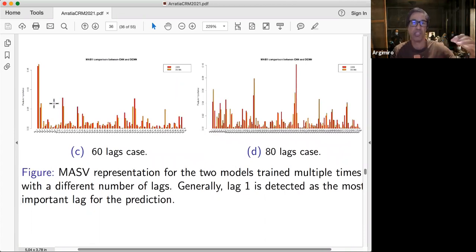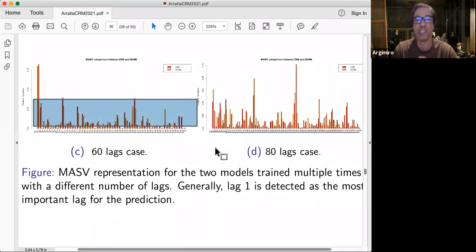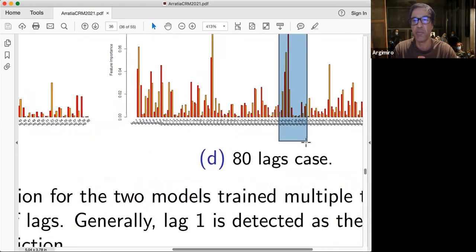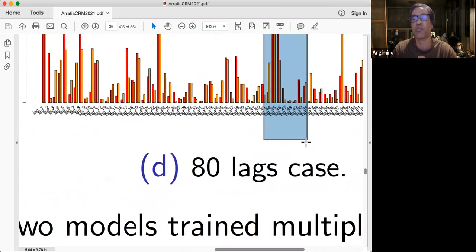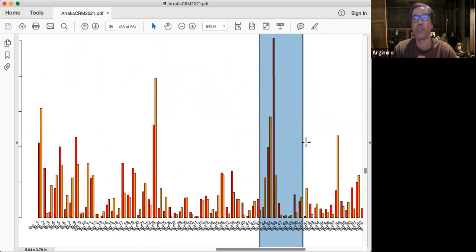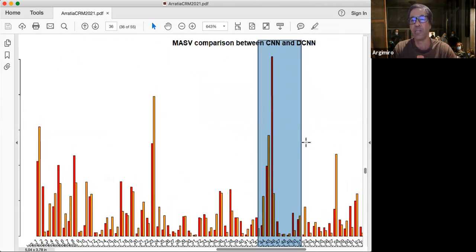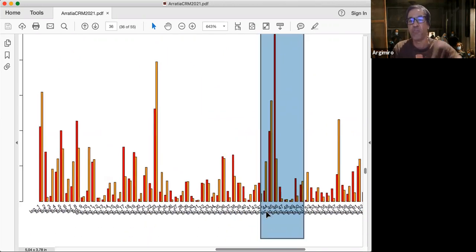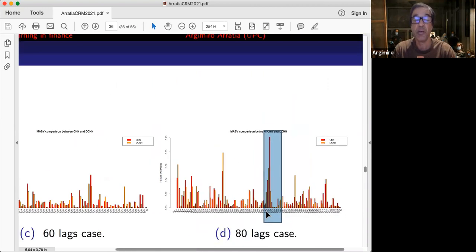The way that the DCNN uses past values is in a more uniform manner than the CNN does. The CNN, let me amplify this for you, is looking at the past, giving too much importance to lagged values at 45 days, a month ago.